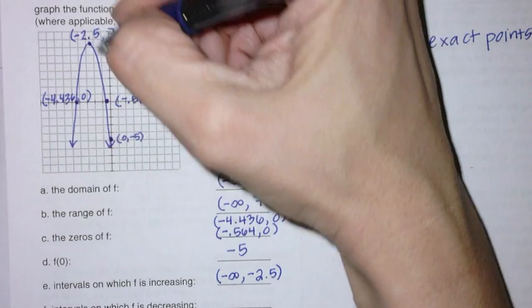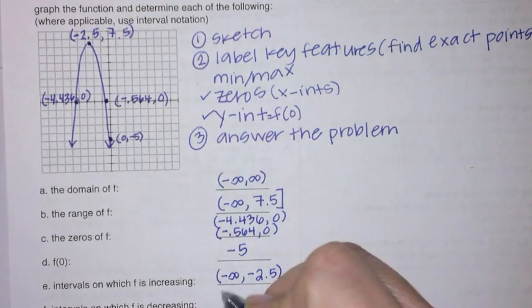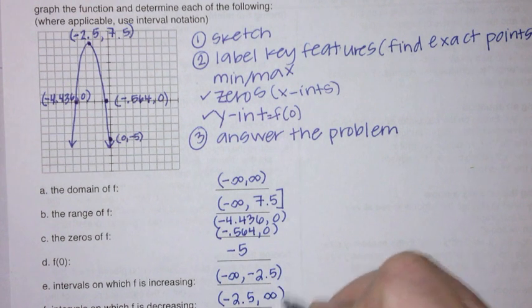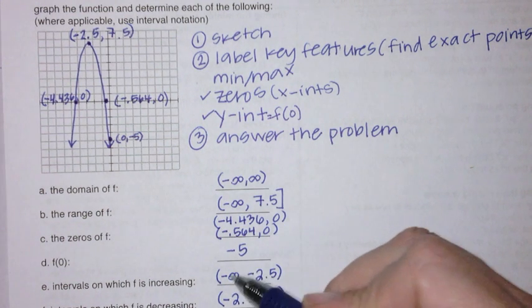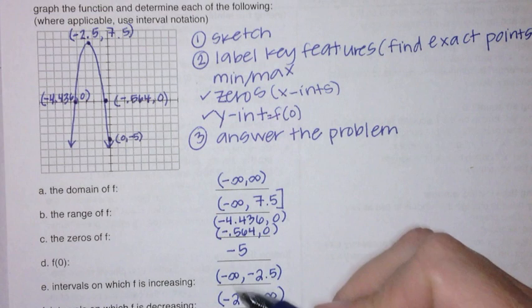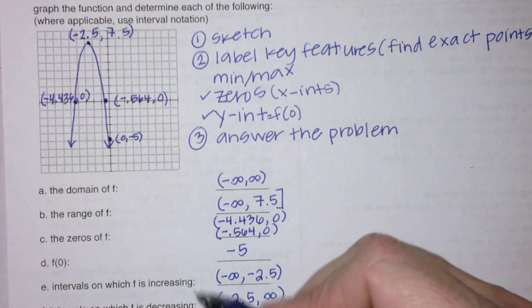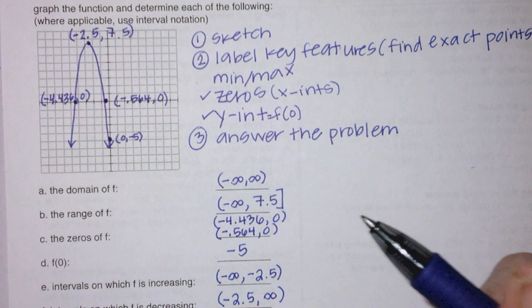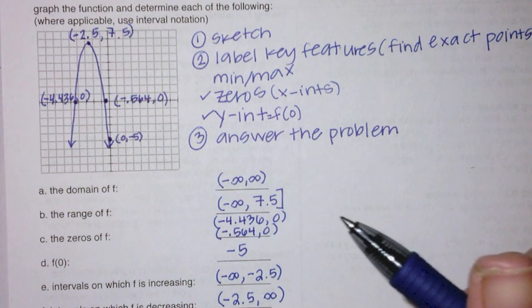And then I start coming back down the hill for the decreasing, from negative 2.5 to infinity. And reminder, we don't ever do brackets on increasing and decreasing because those are comparative words, and you cannot be increasing at one point. It has to be related to another point.